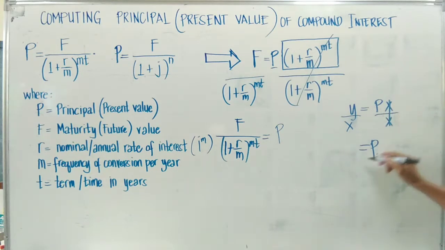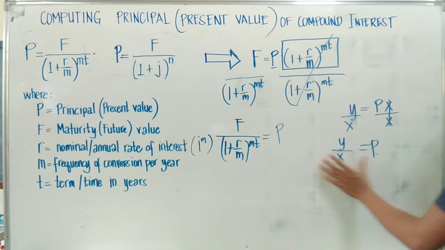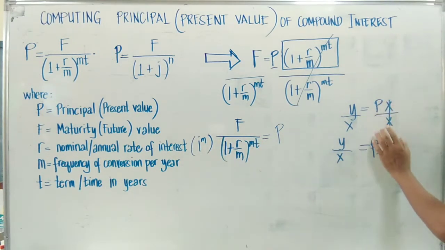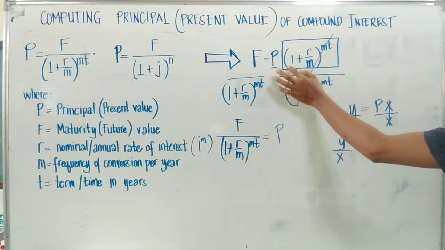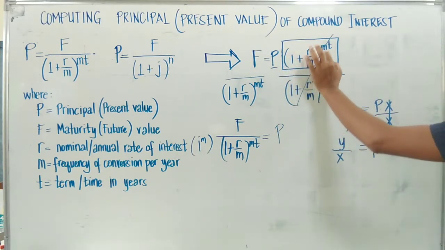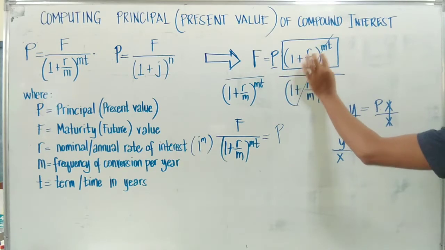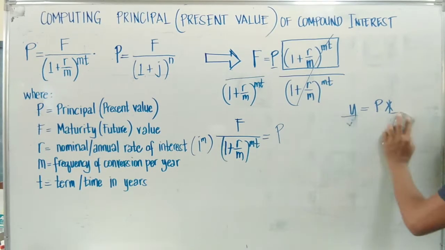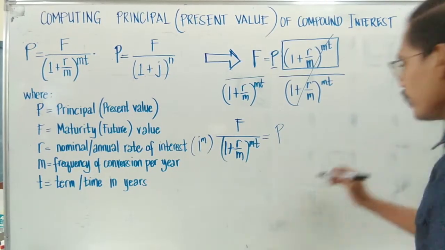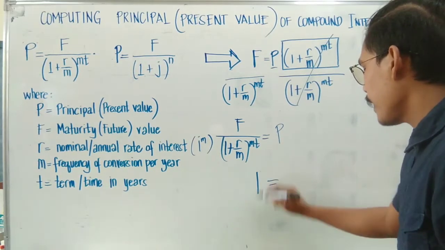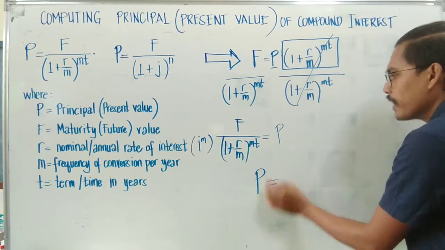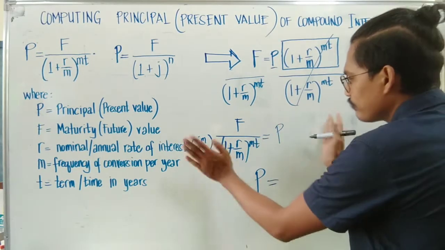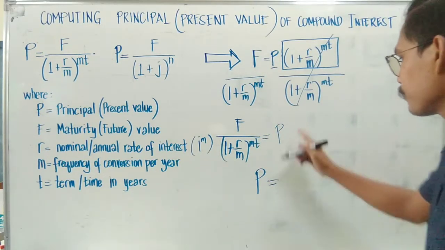What's remaining is P. Then on the other side we have Y over X. Just like this one, but in this case we have this quantity 1 plus R over M raised to MT instead of X. So that is the analogy. I guess that you understand the concept. And writing it the proper way, we have P, this thing. By commutative property, we can disarrange the order.